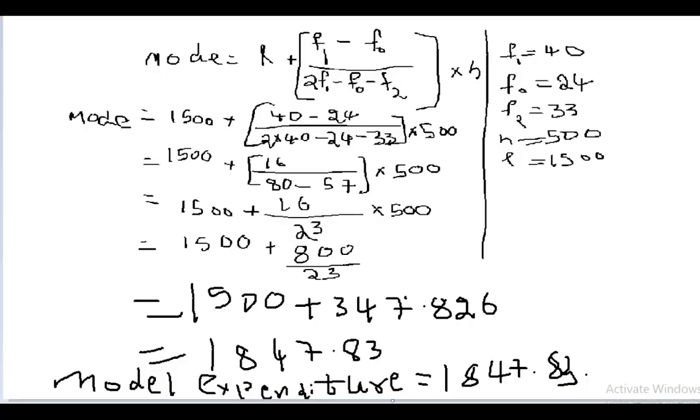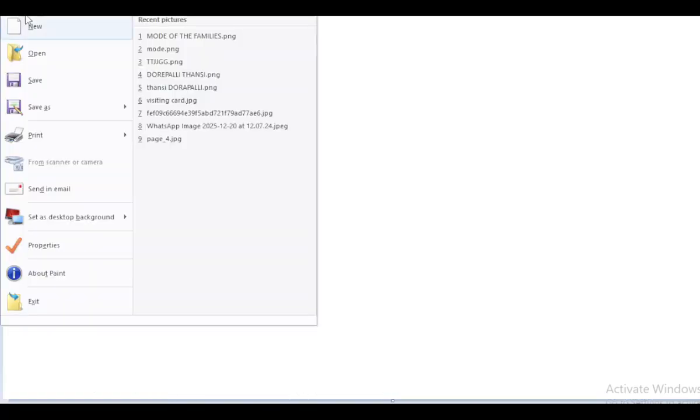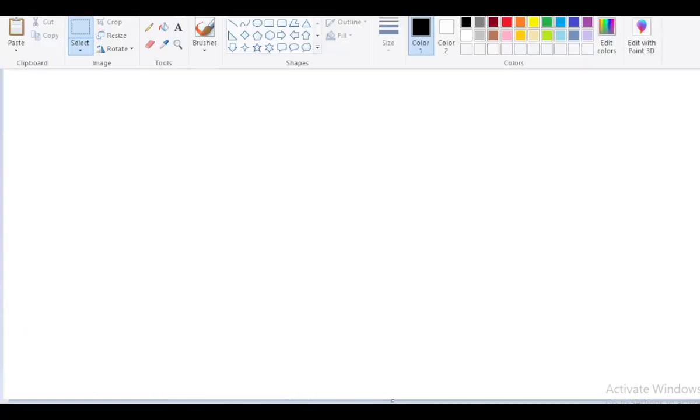Once again, we check the process. So to find the mid value, please observe here.